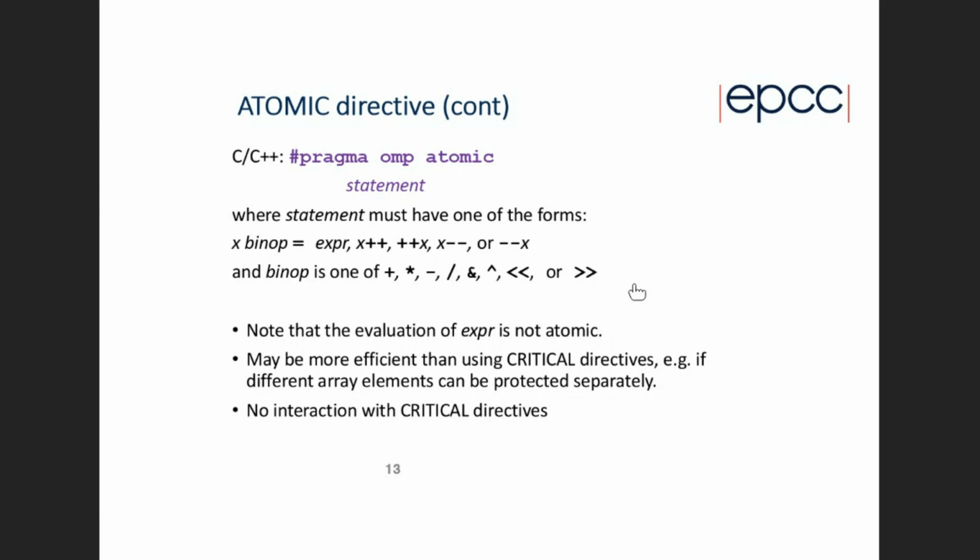Atomic does not enforce mutual exclusion from anything that's happening on the right-hand side. The only thing that's protected is the update to the variable on the left-hand side.